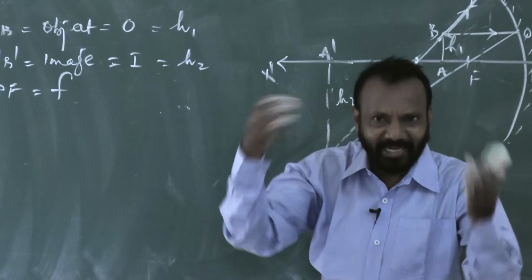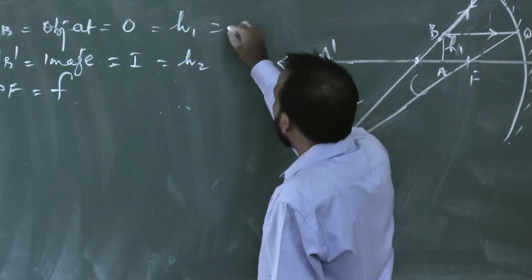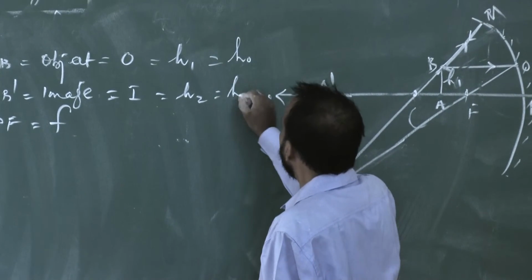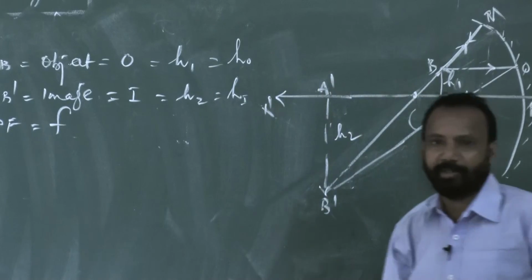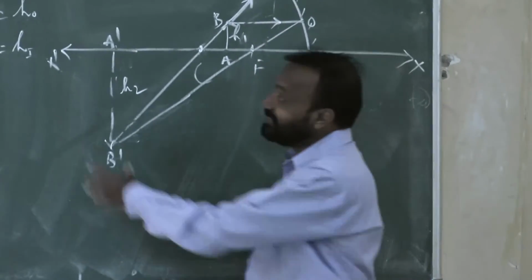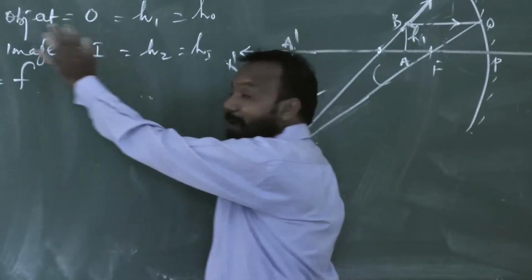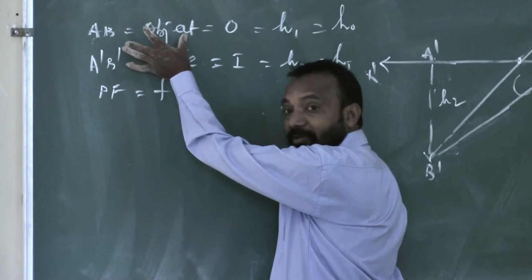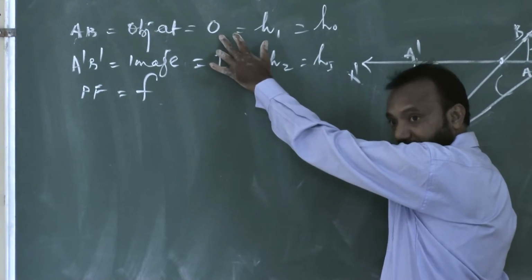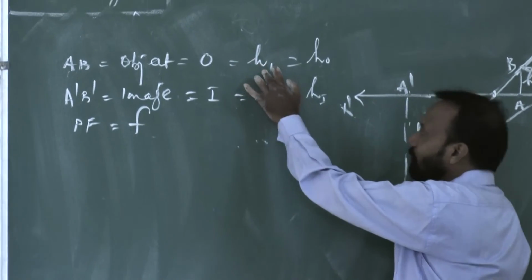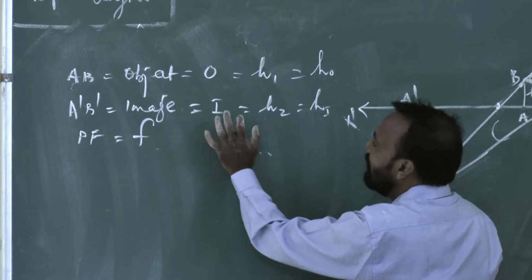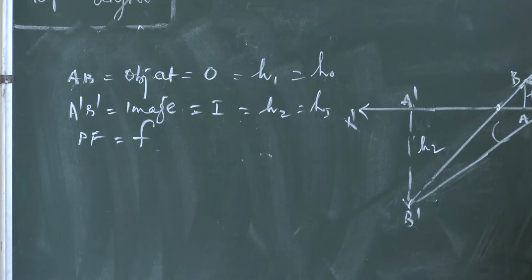Suppose I can write like this, sir, can you write HO and can you write HI? Yes, dear, we can write like this. You see how many symbols we are using for that. AB is the same object height. I am writing O as O, this symbol also, H1 also, HO also. For this image, I also, H2 also, HI also.